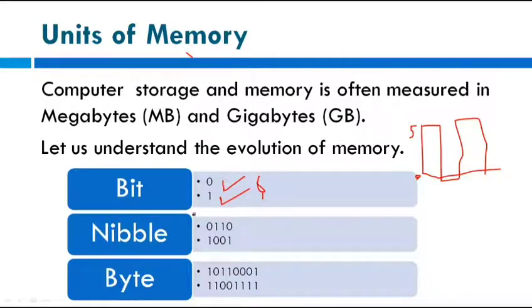So the data that will be passed from the keyboard to the CPU or the memory will be nothing but high and low signals, that is, in the form of zeros and ones. And this is the lowest unit of a computer, which is called a bit. A bit is a combination of zeros and ones, that's all.